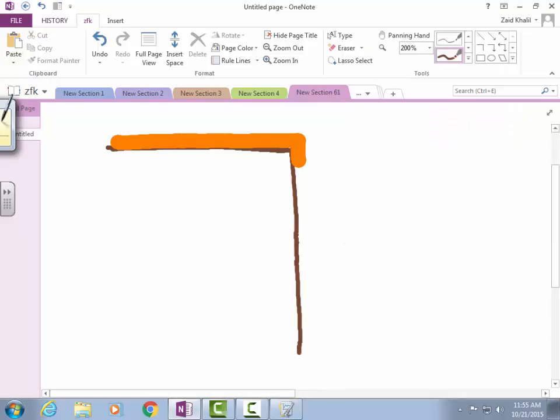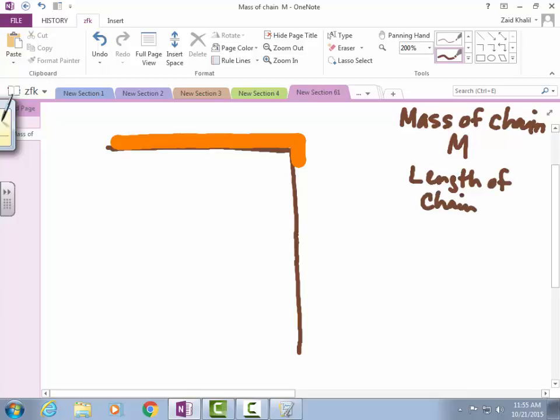So now, I need to give you some parameters. Mass of the chain is m. Length of the chain is L. That's right. Oh, you guys are pros already. So we know the mass, we know the length, right? So naturally, if there's nothing hanging over, what's going to happen?